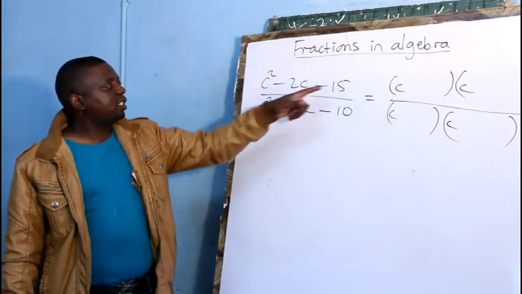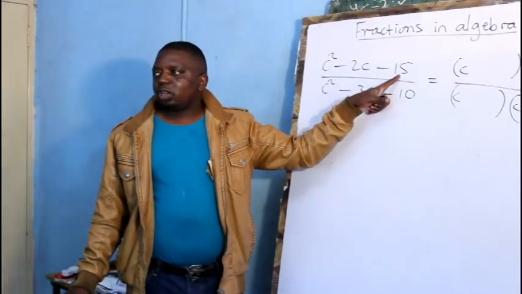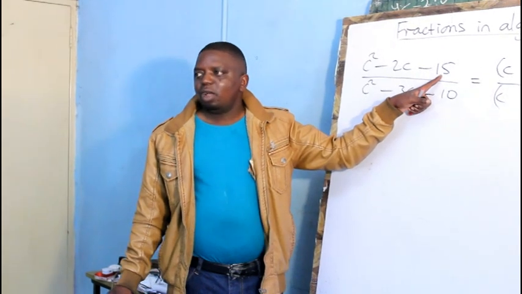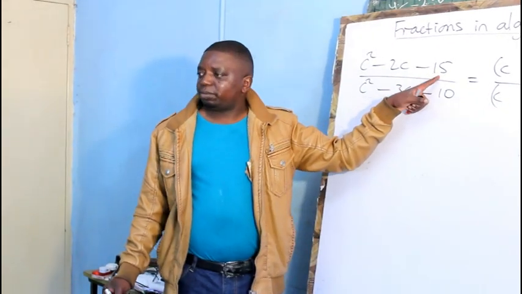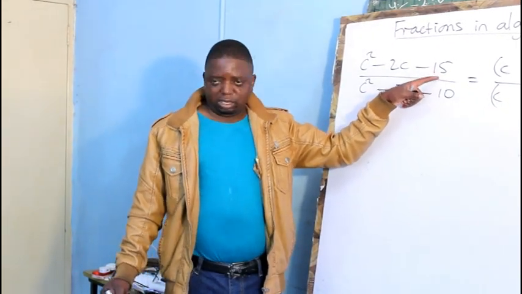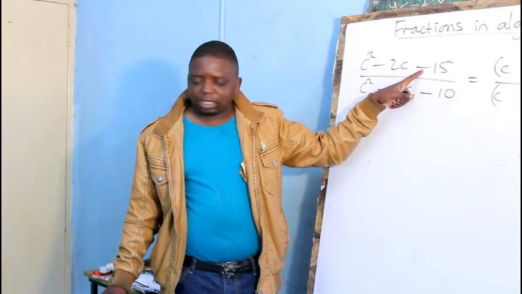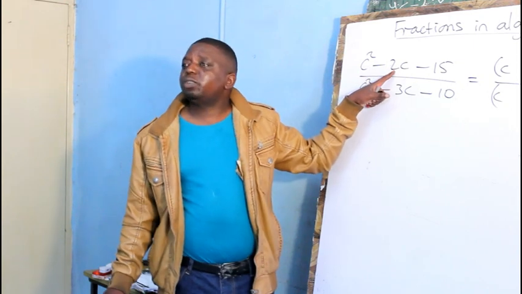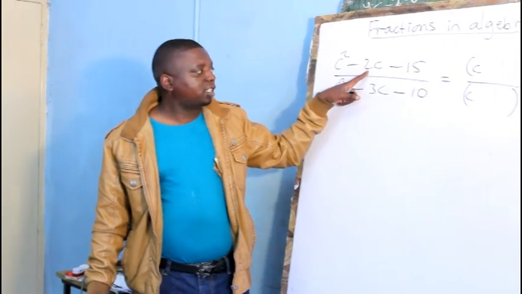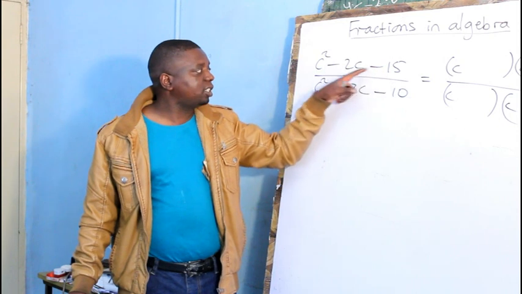On the numerator, the third term is minus 15 altogether. When the term is negative, we find two factors of the third term which when subtracted give you 2, the coefficient of the middle term. Two factors of 15 which when subtracted give you 2.